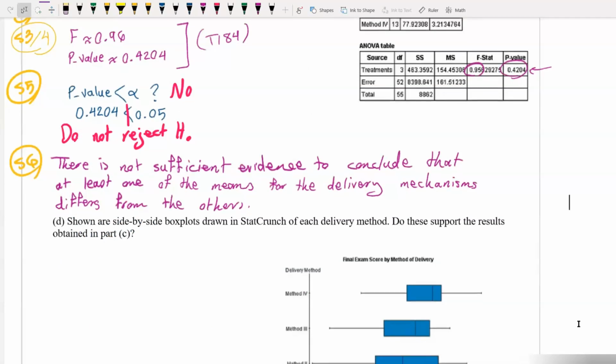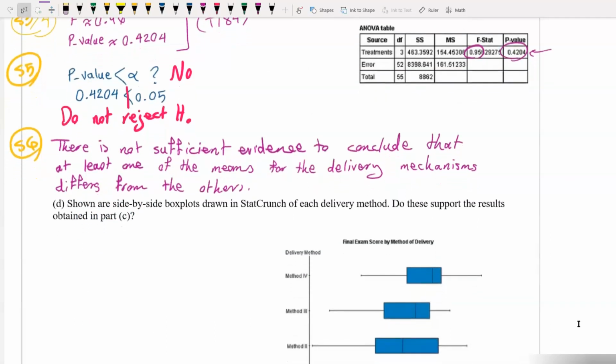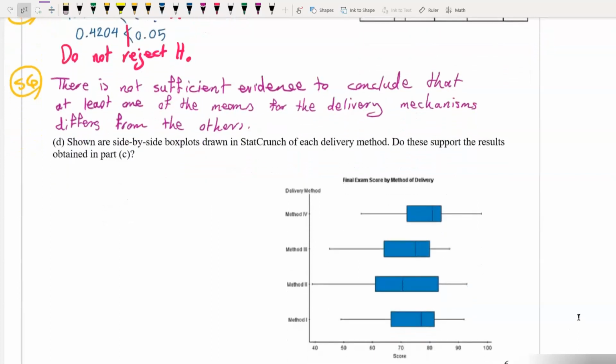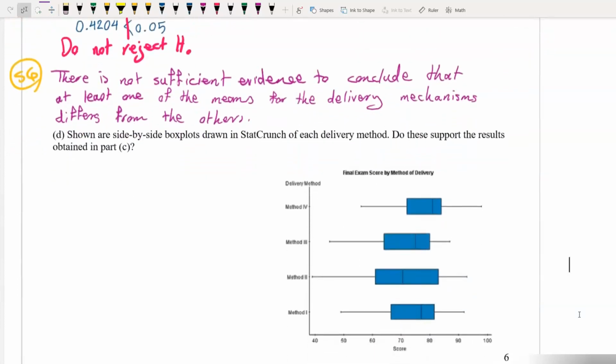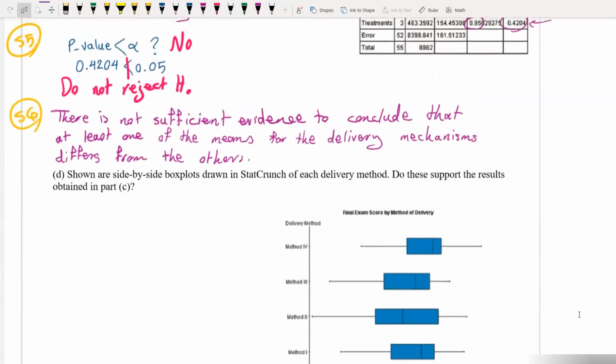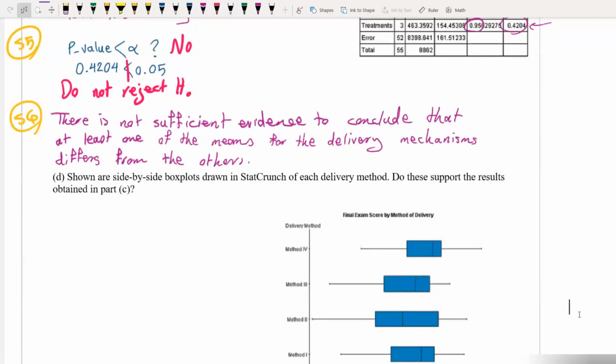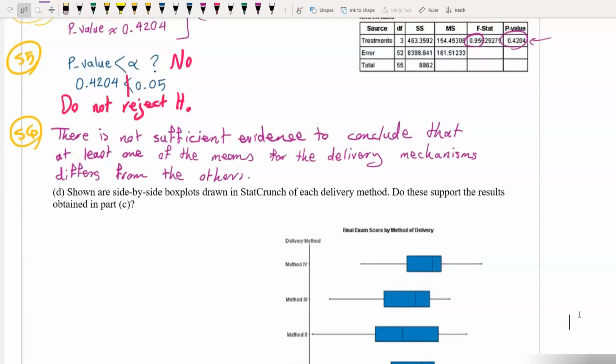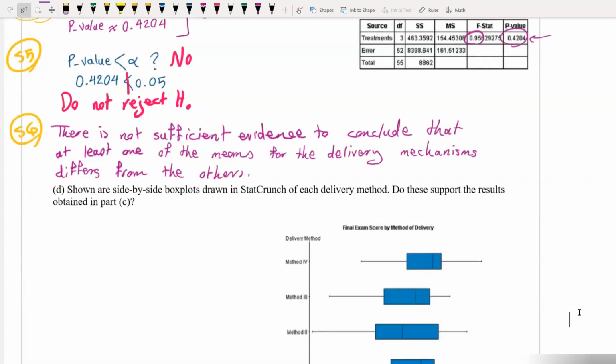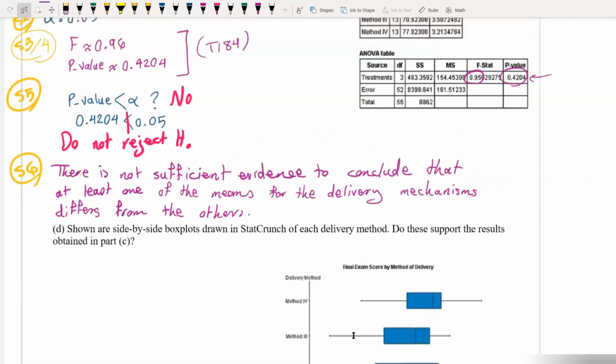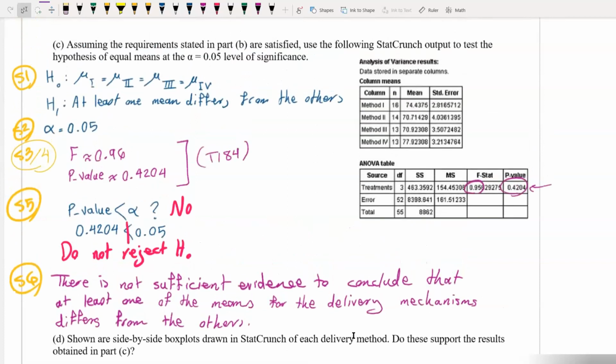Here on the score we have a box plot. Again, on the exam, I'm not going to ask you to draw a box plot for this section because you already know how to draw box plots. Based on what we have on this box plot, it's asking if you support the results obtained in part C using this in part D. In part C, our conclusion was that we're not rejecting the null.